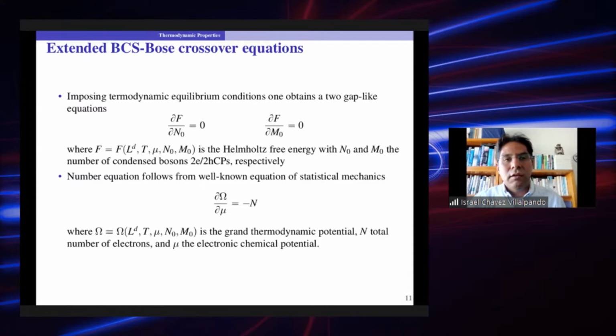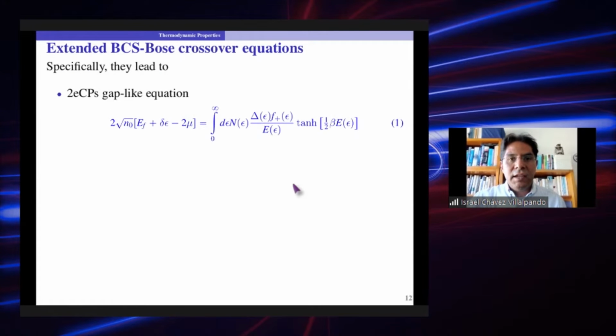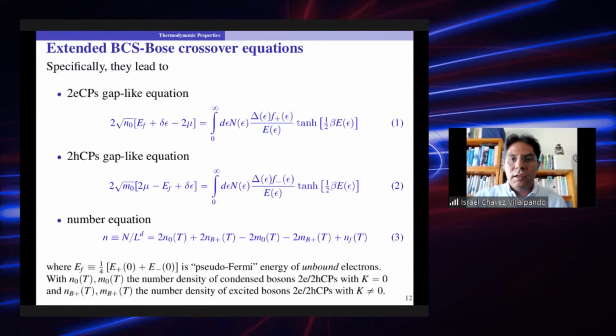So imposing thermodynamic equilibrium conditions, one obtains two gap-like equations, one for two electron Cooper pairs and the other one for two hole Cooper pairs, and the number equation follows from the well-known equation of statistical mechanics.